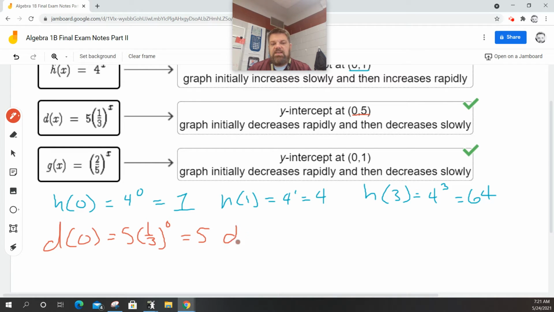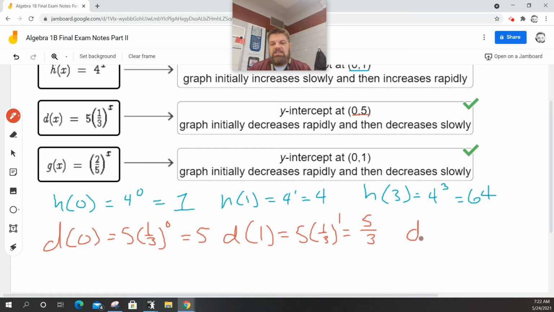In other words, d of 1 is equal to 5 times 1/3 raised to the 1, that's really just 5/3. So that starts decreasing.